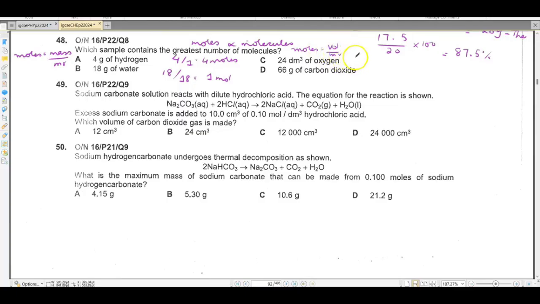So 24 decimeter cubes by 24 decimeter cubes is equal to 1 mole. And we are going to use the first formula again: 66 grams by 44 is 1.5 moles. So the greatest number of molecules will be in 4 grams of hydrogen because it makes 4 moles.